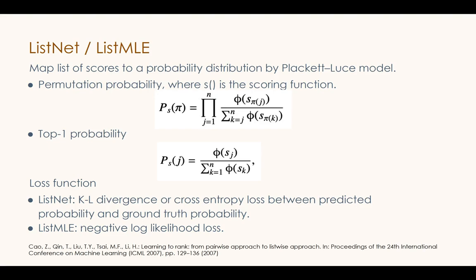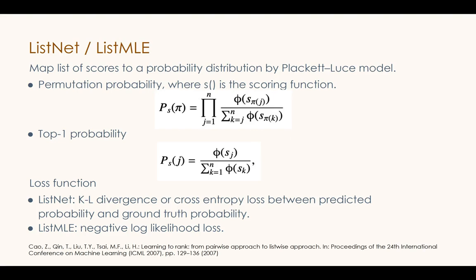One is the permutation probability. Basically, you can calculate the probability of each permutation, and it can be done by this formula here. S is the scoring function, and you get the element here, and you apply the phi function here. Phi is a non-negative monotonic function. Then this is how you calculate the probability for this particular permutation.